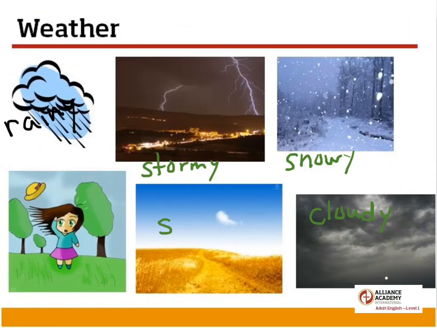In this picture, it would be sunny. In our last picture, it is windy. So again, these are important vocabulary words you need to know when we talk about weather.